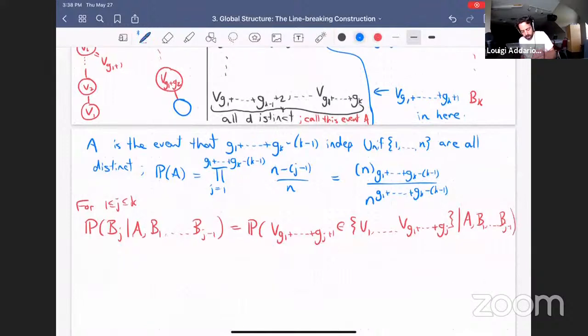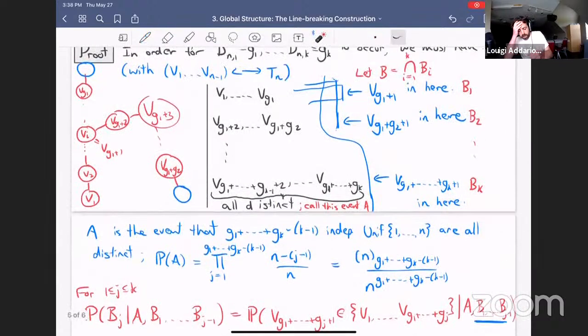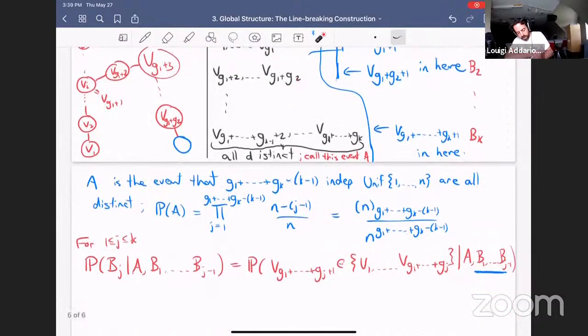Now it's important to note here that if these previous B events have already occurred, that means we've already seen j minus 1 repetitions. The value Vg1 plus 1 wasn't new, it already appeared, and this value wasn't new either. So this set on the right does not have the full number of distinct elements, because there are j minus 1 repetitions.